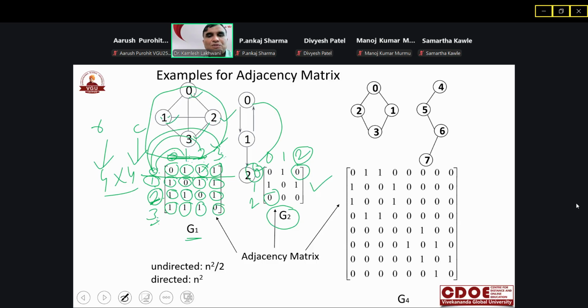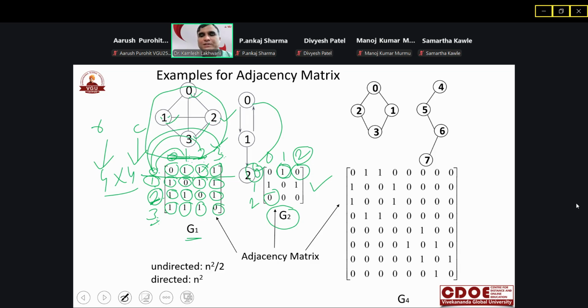So 0 to 1, 1 is mentioned, and 1 to 0, so 1 is mentioned.